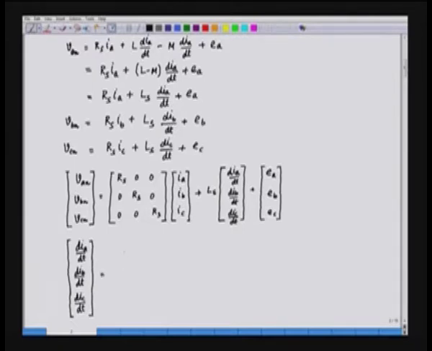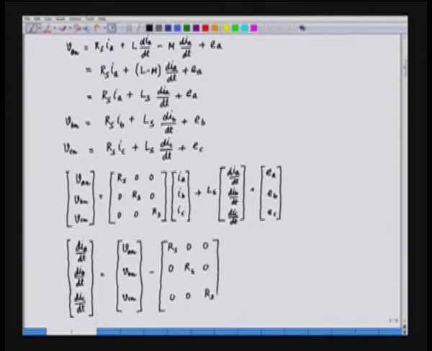On the right hand side, we have the voltages VAN, VBN and VCN, minus the resistance drop, RS 0 0, 0 RS 0, 0 0 RS, times the currents IA, IB and IC, minus the back EMFs EA, EB and EC.